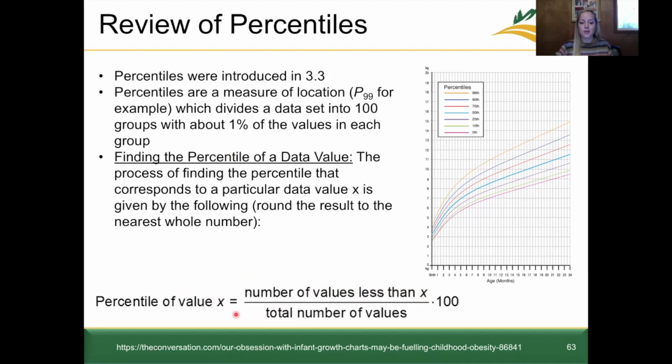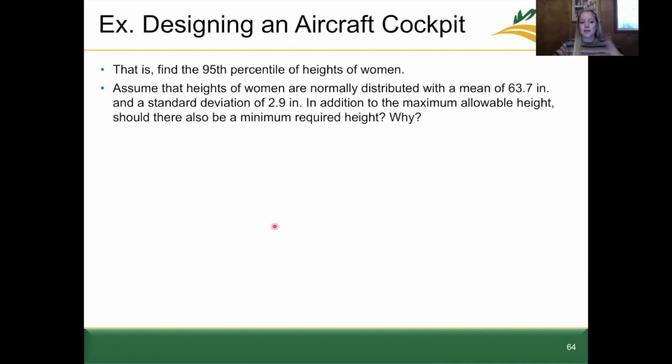In other words, the 99th percentile is called that because 99% of data values are less than the value that marks the 99th percentile. Let's apply that reasoning back to our example, where we're asked about the 95th percentile for heights of women.